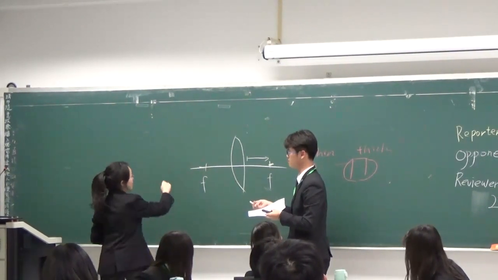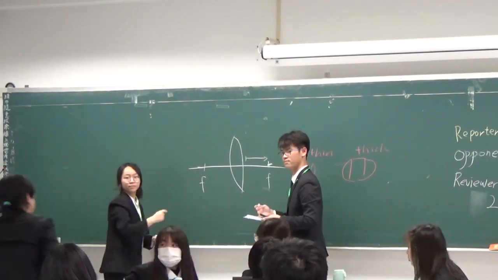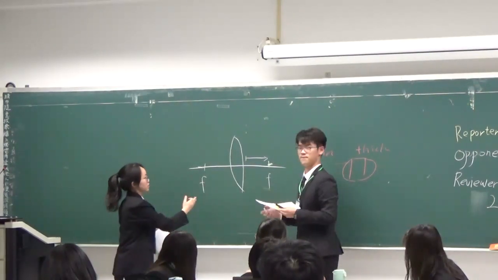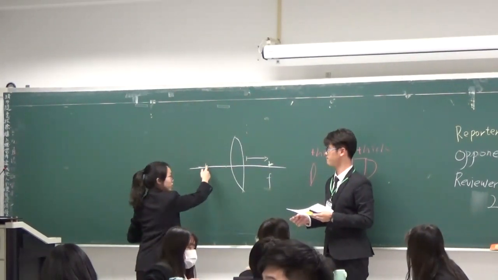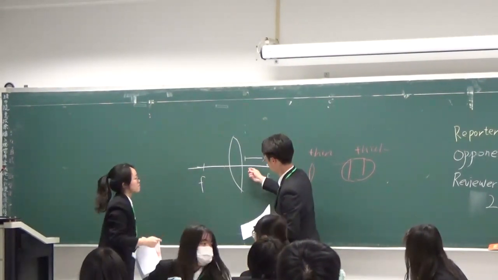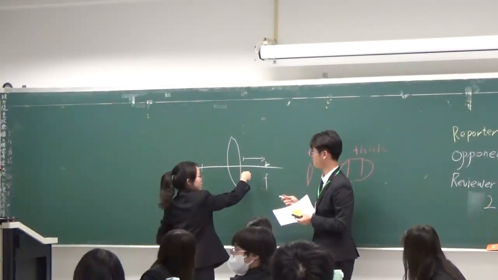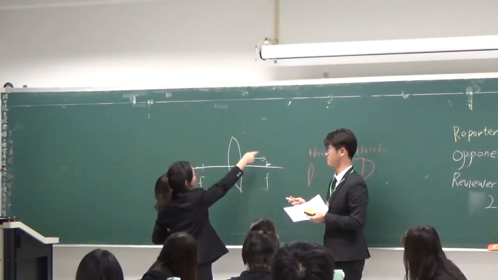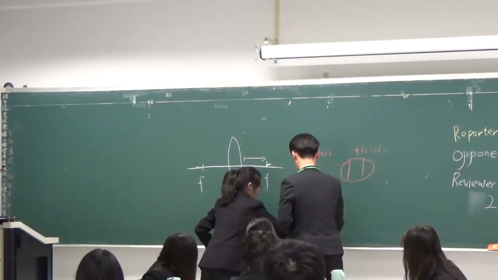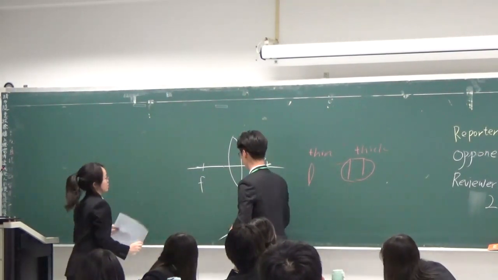When you say the object distance increases, the virtual image, right? The object is here, not here. When the object distance increases, maybe you can draw the path of the light for two different objects. Let me draw it here, and draw the lights.